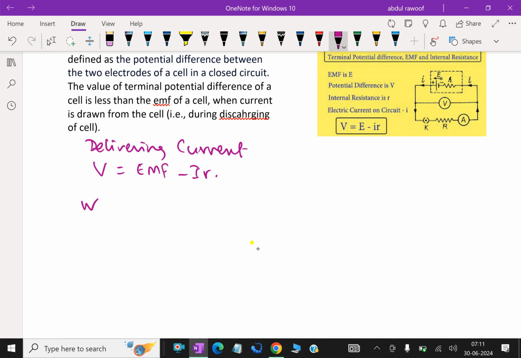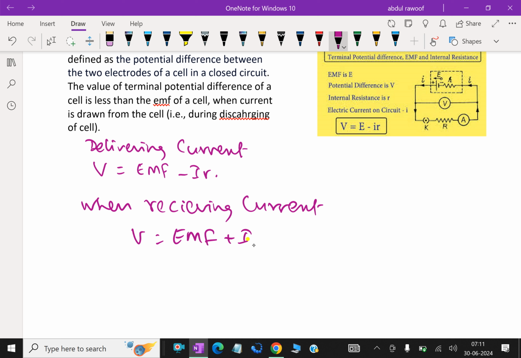When receiving current, V equals EMF plus IR.